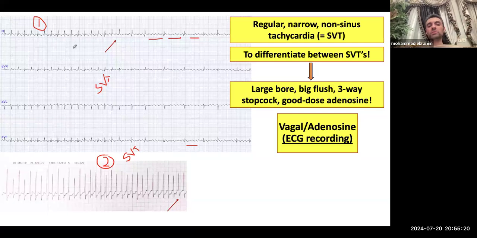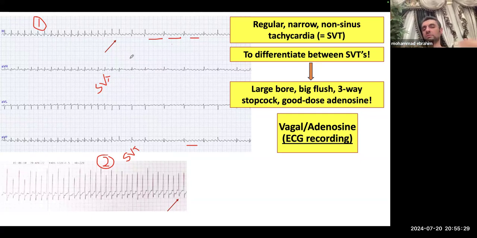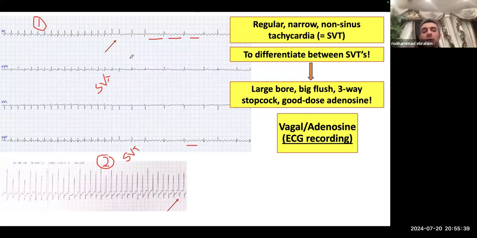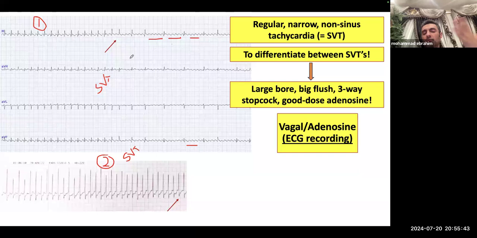This was an example of flutter SVT. Adenosine helped clarify the diagnosis. It did not terminate the tachycardia, because adenosine does not terminate flutter, but it helps you establish the type of SVT, and this makes a difference in management for cardiologists or electrophysiologists.